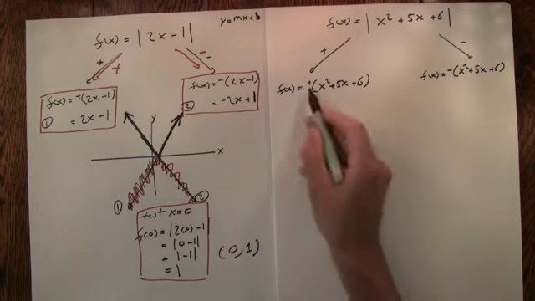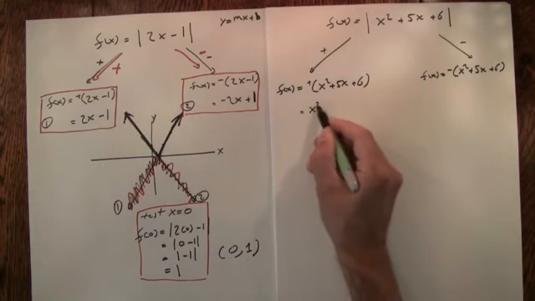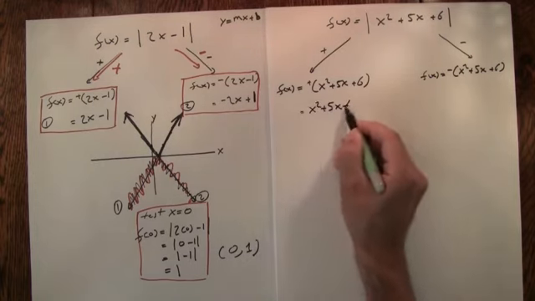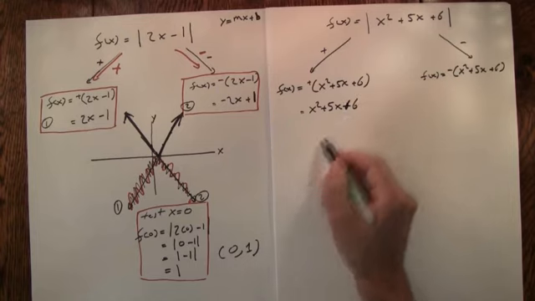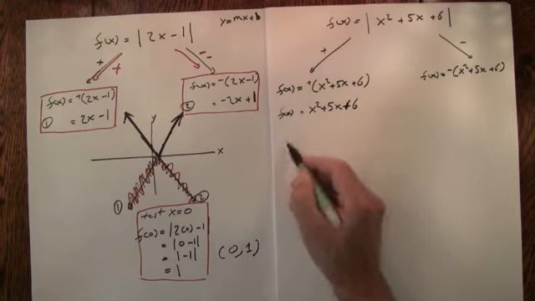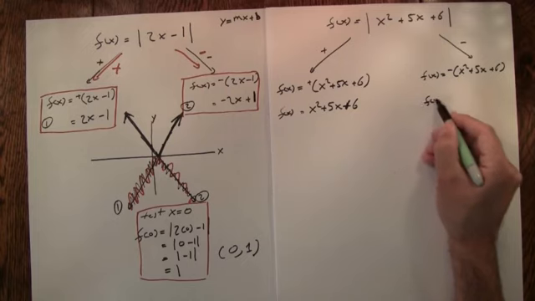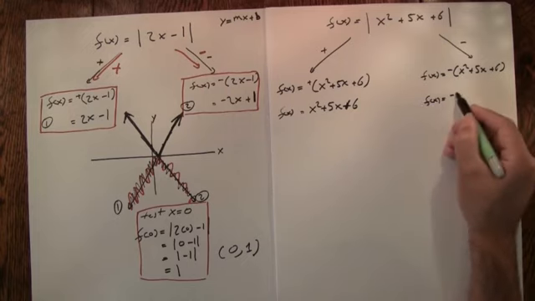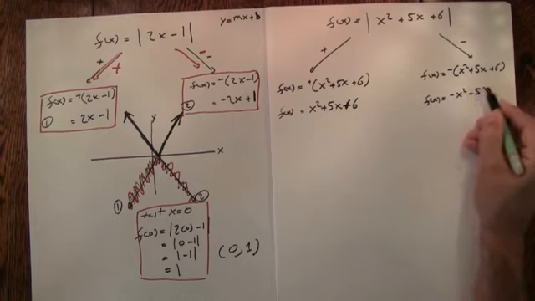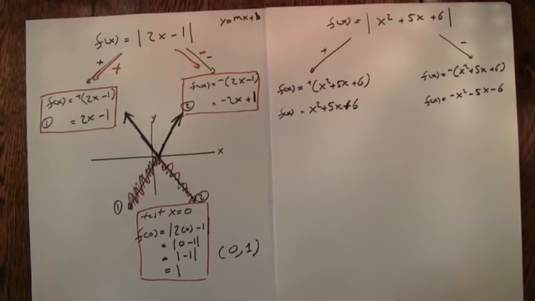The positive of this is just whatever it is, x squared plus 5x plus 6. And we would have to graph this guy as negative x squared minus 5x minus 6.